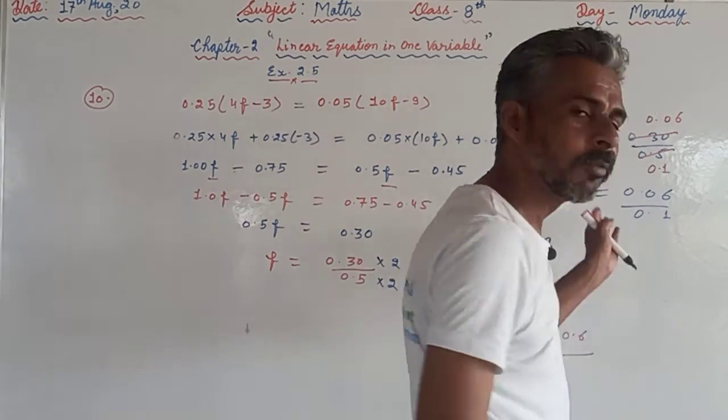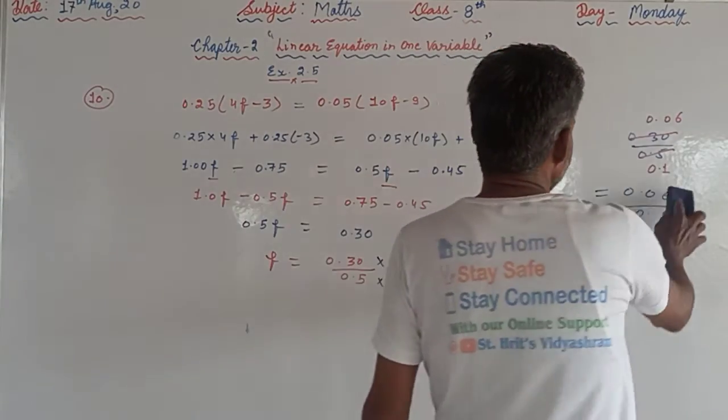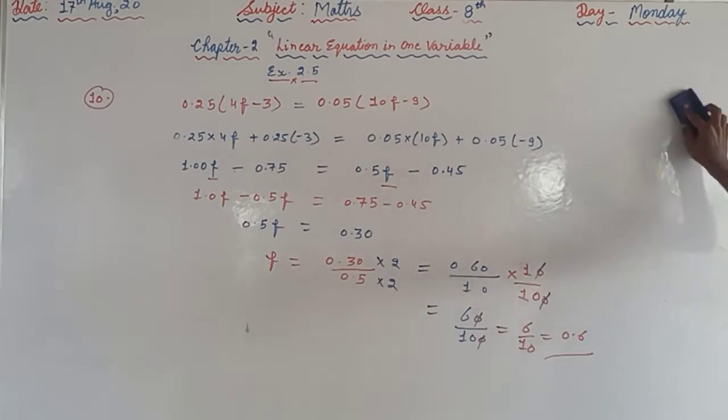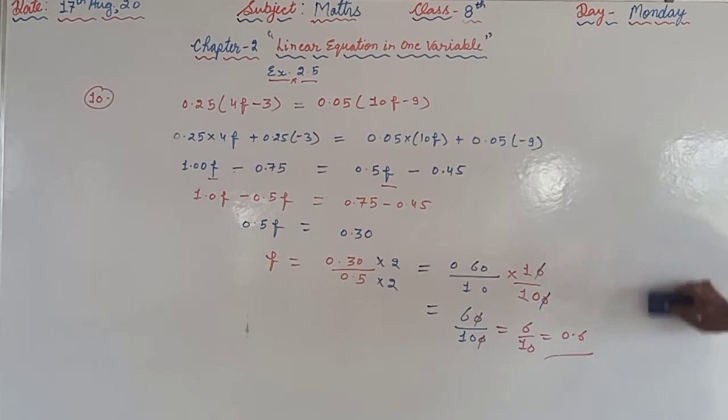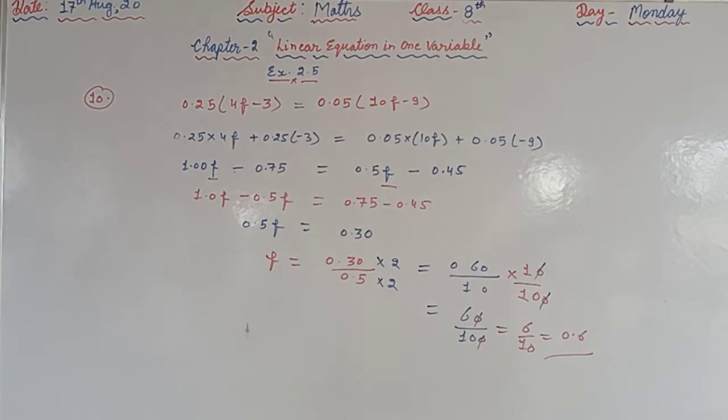So again you have to solve that, but I think this is the simplest method to cancel out or solve the decimals when we are supposed to divide. So this was question number 10.